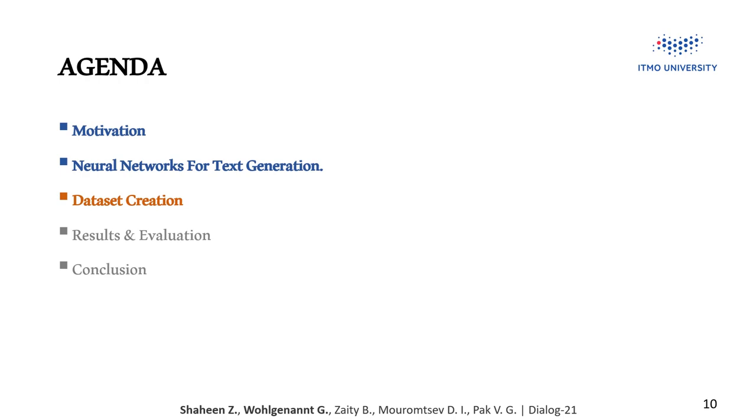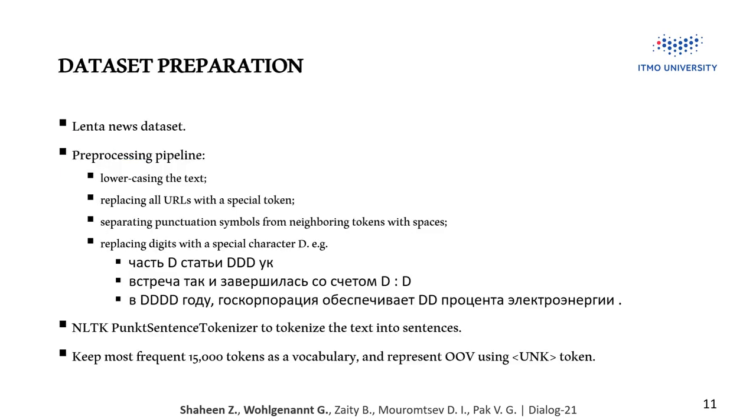Now we will look at how we created the dataset. We used a well-known dataset in Russian language, which is Lenta.ru news dataset. It contains about 800,000 articles from news.